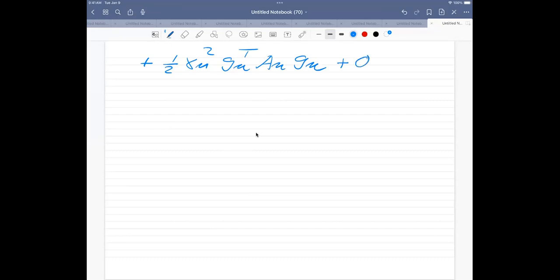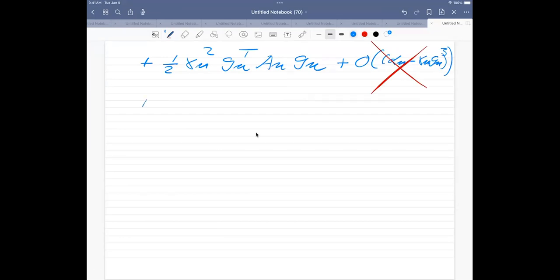Then we have higher order terms of alpha of n minus gamma of n times g of n to the power of 3. Again, we assume that we can neglect higher order terms. So we just neglect these ones, and then we are back to a simple expression.